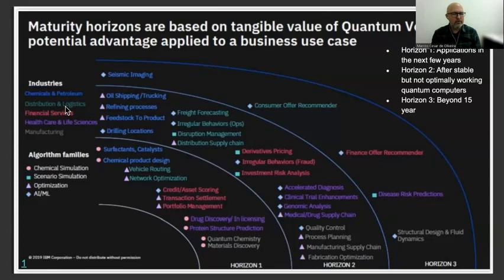In green, the distribution and logistics industries. In red, financial services, healthcare, life sciences, and manufacturing. The map is split in terms of chemical simulation, scenario simulation, optimization, and also artificial intelligence and machine learning.